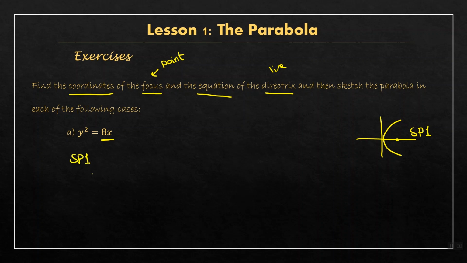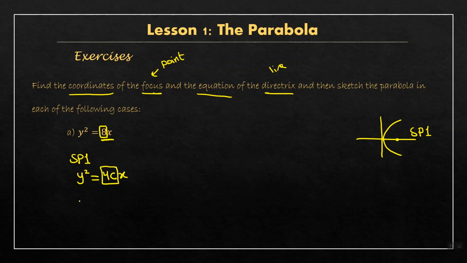In standard position number 1, we usually have 4c multiplied by a positive x, and we have here a y squared. This equation looks like this equation. y squared is there, equals 8x, here 4cx. Now, by comparing these two equations, you can easily tell that this 8 is actually 4 times c, right? 4c is equal to 8.